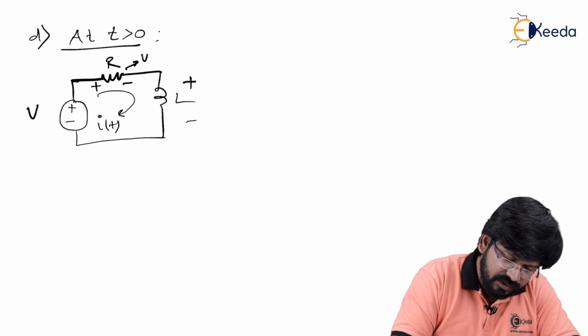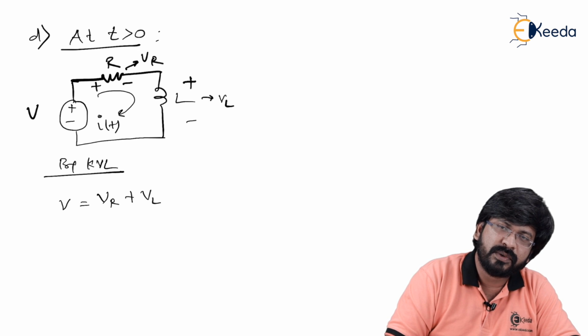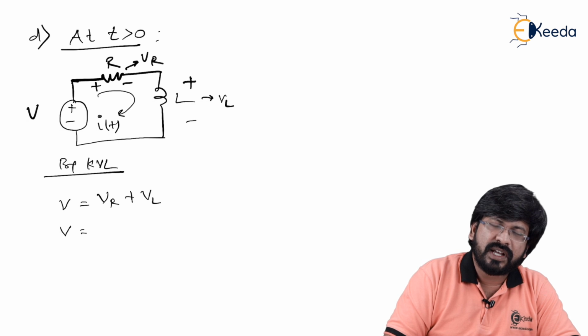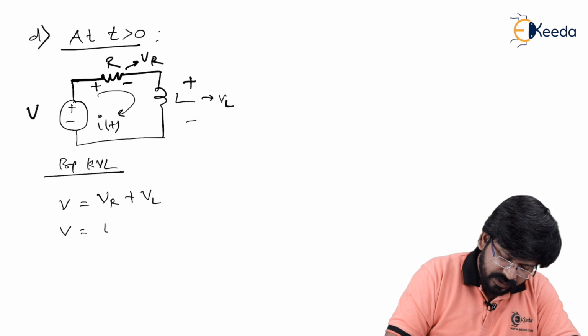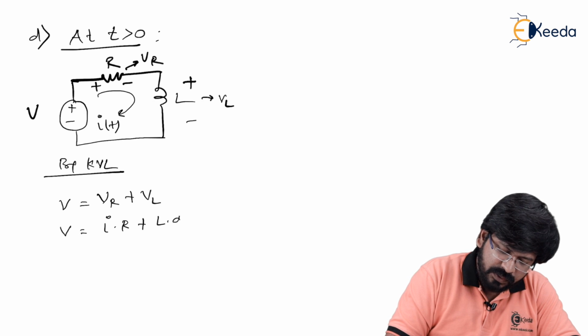Let's say this voltage is VR and this voltage is VL. By normal KVL, can I say that the supply voltage V is simply VR plus VL? I'm sure you understood this. Supply voltage V equals VR, which is the voltage across R given by Ohm's law, I into R, plus VL, which is L into di by dt.